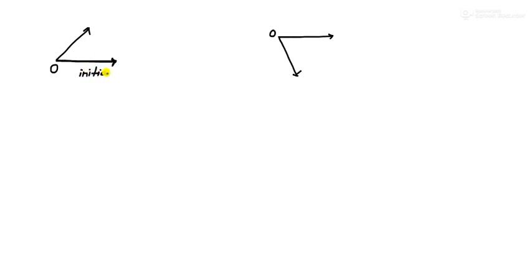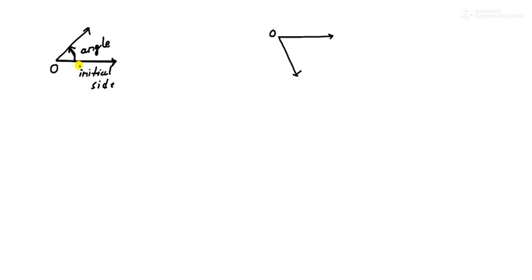The rotation starting from this initial side until it reaches here covers some distance, right? That distance is called an angle. It is the rotational distance.